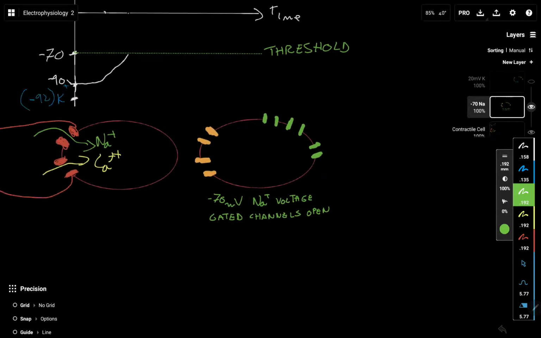Now, as you'll remember from our previous lecture, because there is so much more sodium outside the cell than inside the cell, the rate of diffusion of the sodium ions into the cell will be very rapid. So there's loads of sodium outside, very little inside. This is going to increase my rate of diffusion, and this means I'm going to have sodium pouring inside my cell, loads coming in really rapidly.